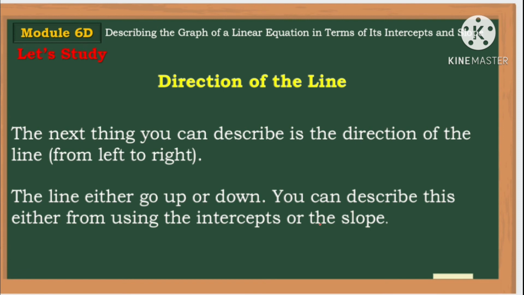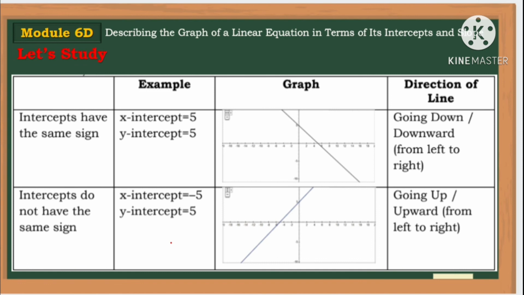So the direction of a line. You can describe the direction of the line from left to right. The line either goes up or goes down. You can describe this either using the intercept or the slope.